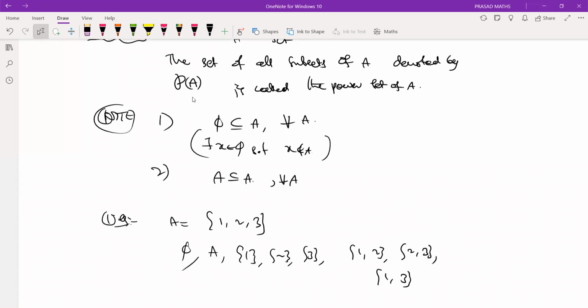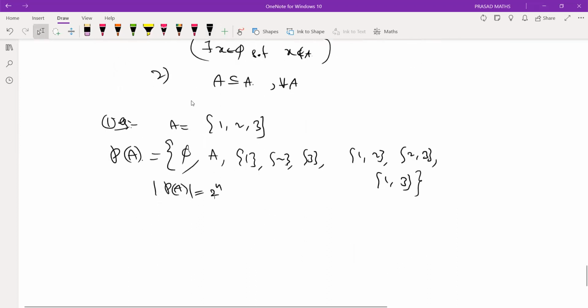So in total, 8 subsets. If you enclose these elements by curly brackets, separated by commas, this is the power set. So what is the cardinality of the power set? 2 power n.